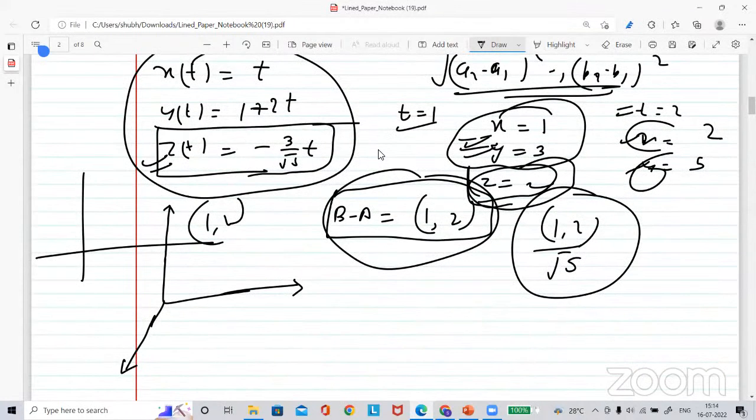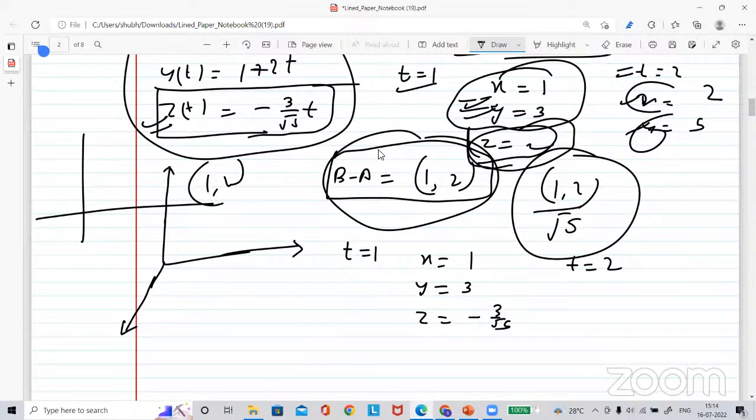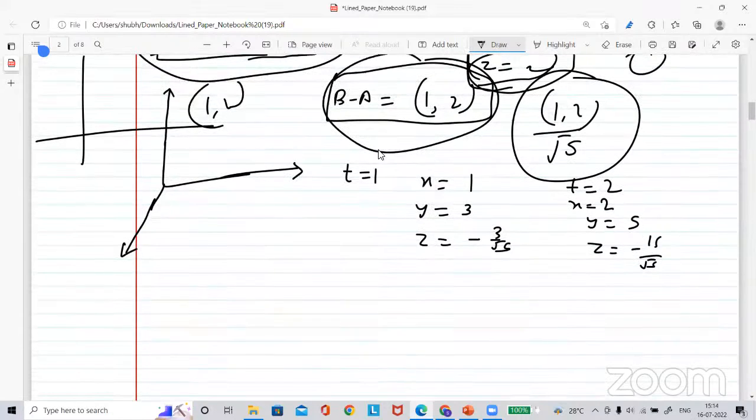If you write point-wise, t is equal to 1: x is going to be 1, y is going to be 3, and z is going to be minus, okay, this one. And when you substitute t is equal to 2, your x is 2, y is 5, and z is minus 15.5.